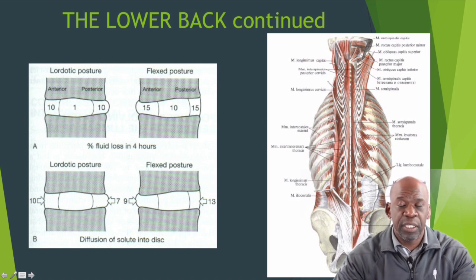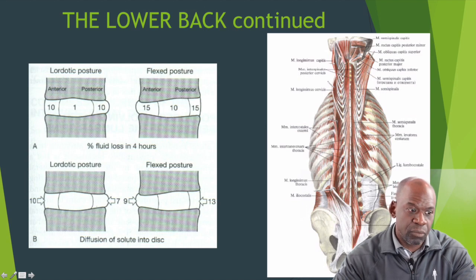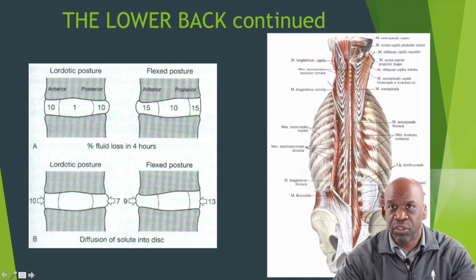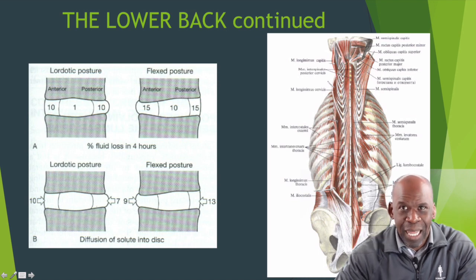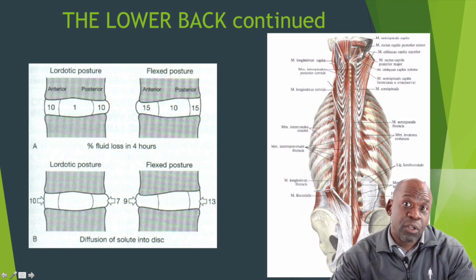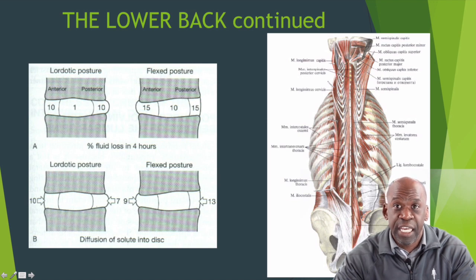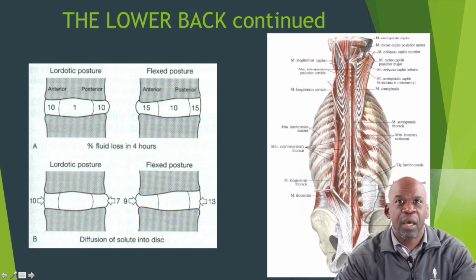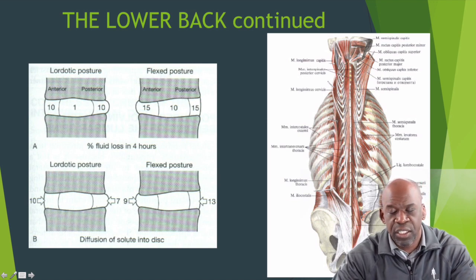Compliance of the intervertebral disc is a function of their water content and the amount of fluid that they hold. As we age, these discs become less compliant as a result of decreased ability to retain fluids, and they become more easily damaged as a consequence.